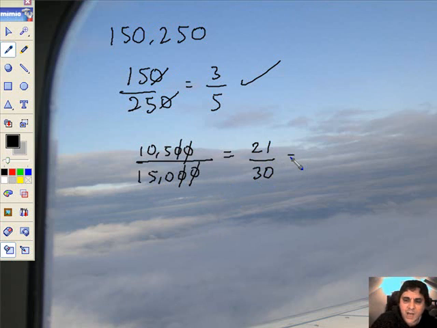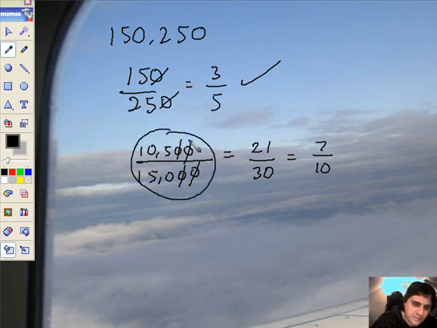Now I can see that 3 goes into that a few times. 3 goes into 21 7 times, 3 goes into 30 10 times, so this fraction is 7/10 of the crowd were home supporters.